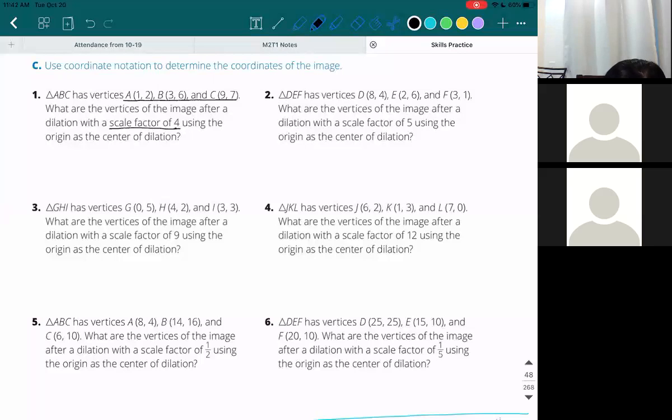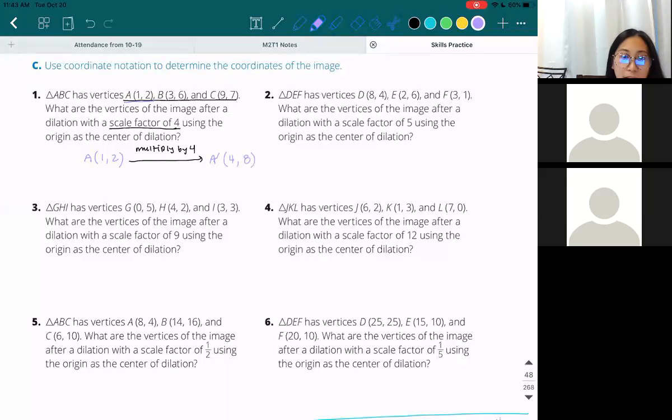So that means we're going to multiply everything by 4. So let's start with our A. A is 1, 2, and we're going to multiply by 4. So A prime will be 1 times 4 is 4, and then 2 times 4 is 8.